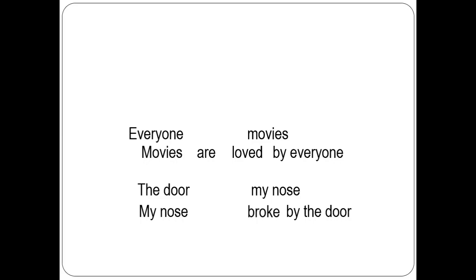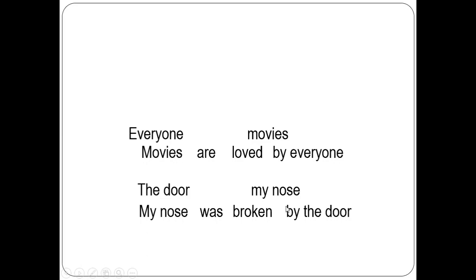So broke is now going to transform into the passive voice, broken. And of course, there is an auxiliary verb over here, which is the verb to be. The simple past tense of the verb to be is was. So my nose was broken by the door. My nose was broken by the door. This is now the passive voice.